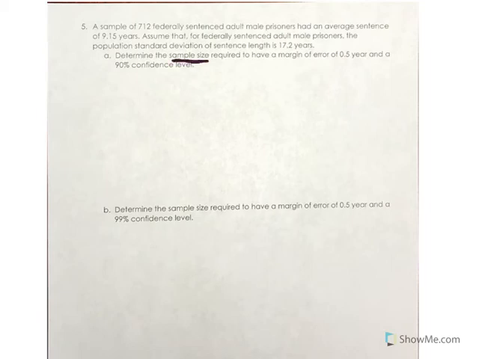Now, finding sample size is something we have not talked about. So I want to give you an example, and actually two, on how you would find the sample size dealing with confidence intervals. Now, that particular formula is sample size, lowercase n, equals the z-score times our population standard deviation divided by your margin of error.